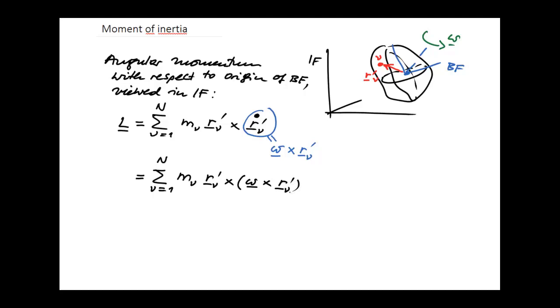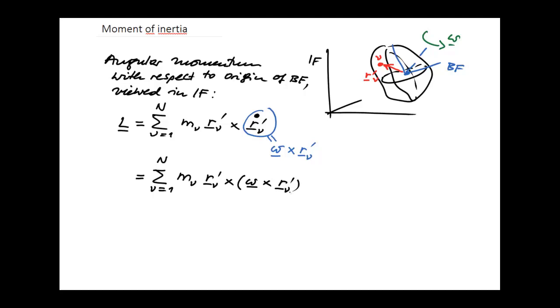Now what you have on the right hand side, that is a linear operation acting on omega. So if, for example, you say omega is omega 1 plus omega 2, then since the vector product is linear in both arguments, you can split this into two terms of the same structure, one with omega 1 and one with omega 2.